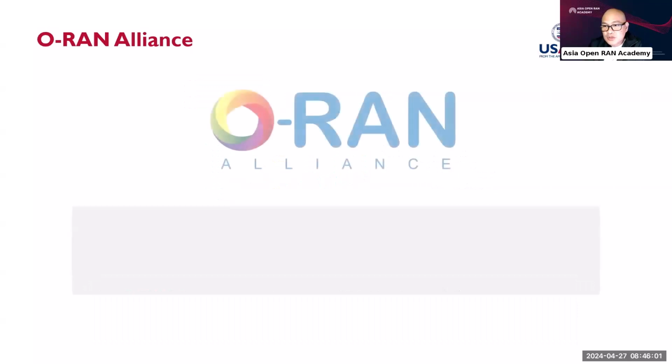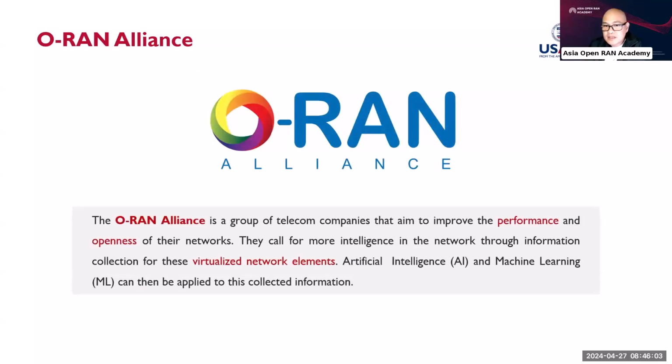As I mentioned, the O-RAN Alliance is a group of telecom companies that aims to improve the performance and openness of their network. They want to have a more intelligent network, and artificial intelligence and machine learning can be applied to this collected information.